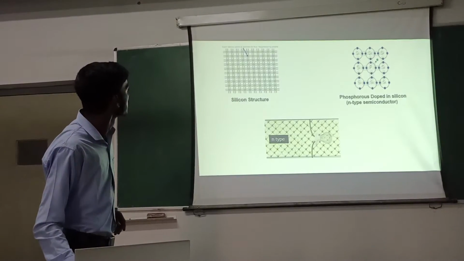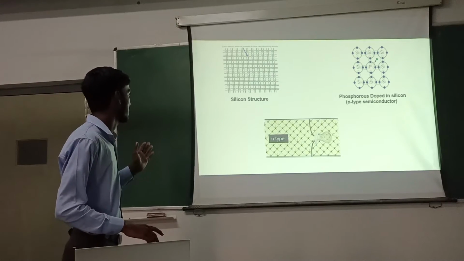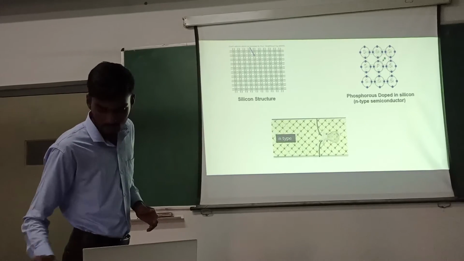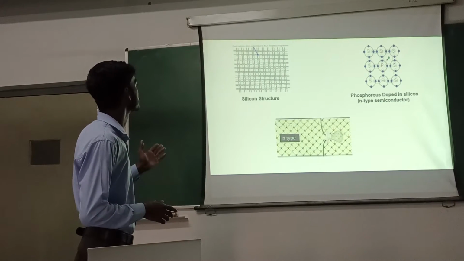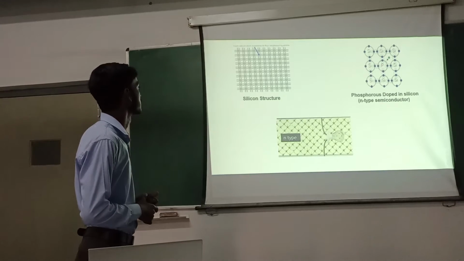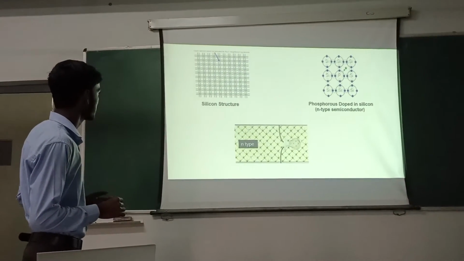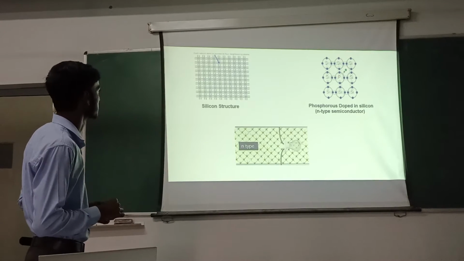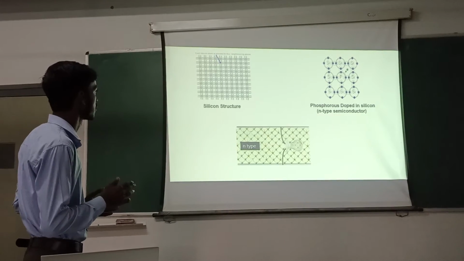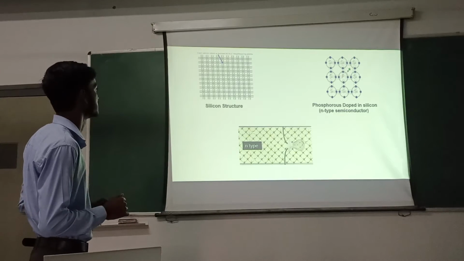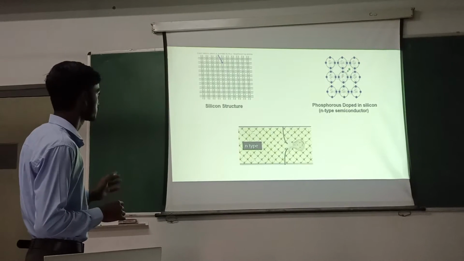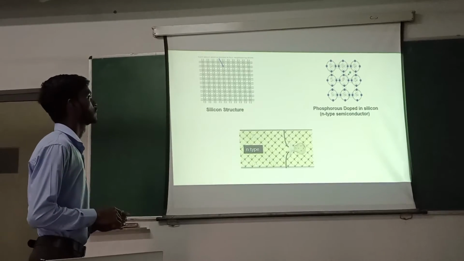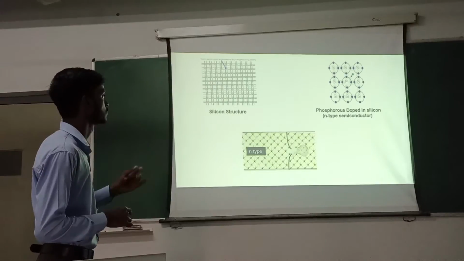So there is the silicon structure. If we see the basic silicon structure, we can see that the silicon atoms are bonded together, so there are no free electrons to move or conduct electricity. So we have to add some free electrons in the silicon structure, and for this we have to dope some elements.